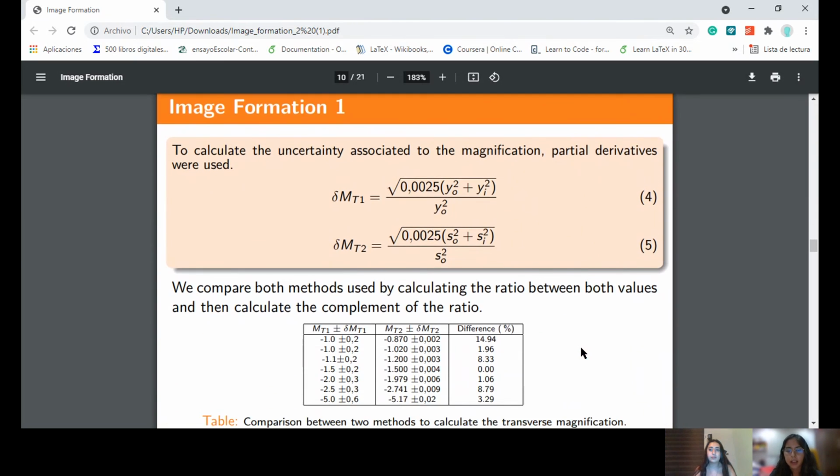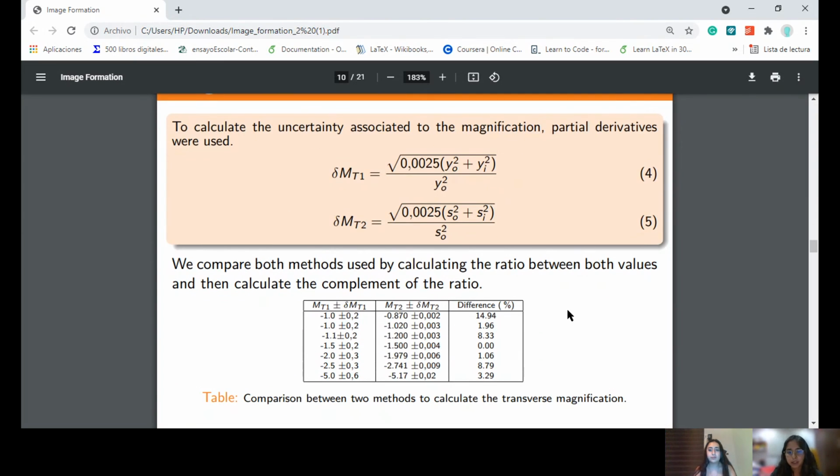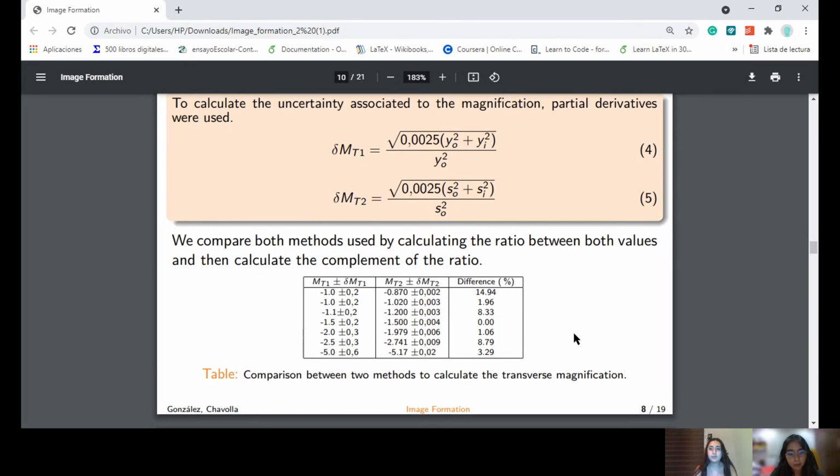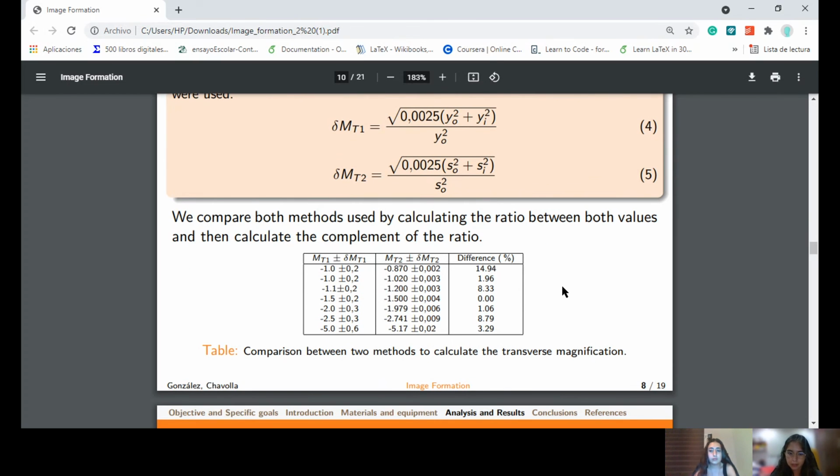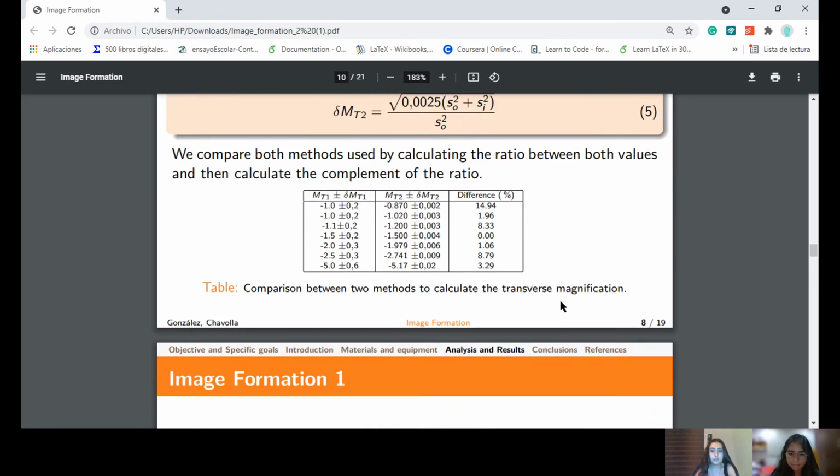Then we calculated the uncertainty associated with these equations. Finally, we compared both methods by calculating the ratio between the values of the magnification, and then we calculated the complement of this ratio, which means we subtracted 1 from the value obtained. And we obtained these percentages.